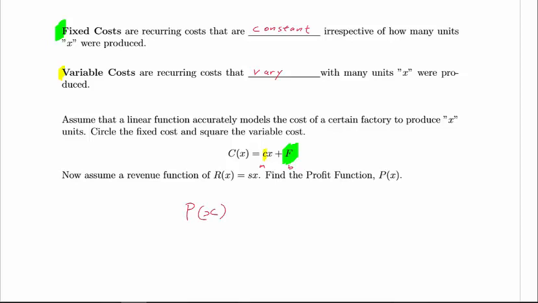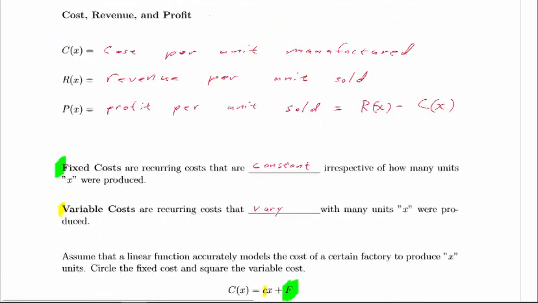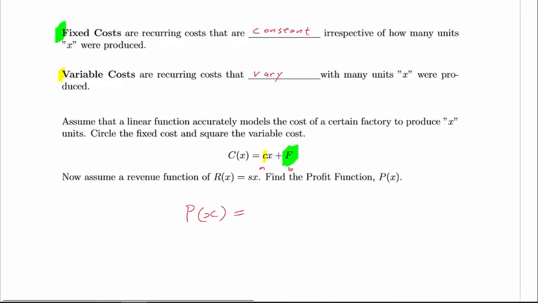So we have our P of X, and we defined up here that P of X is the same as R of X minus C of X, right? The revenue minus the cost.